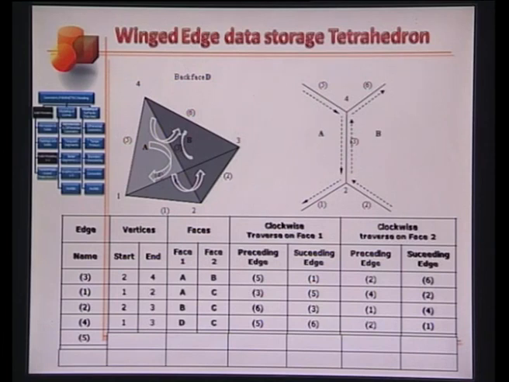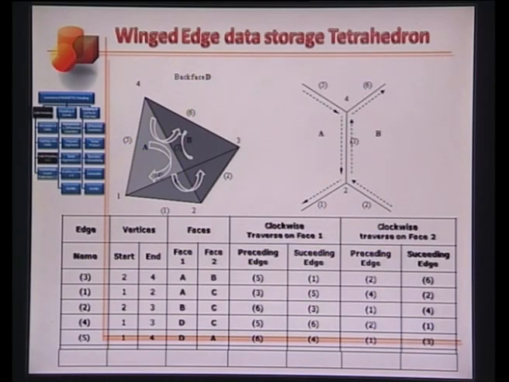For edge 5, two vertices are 1 and 4. Two faces incident are D and A respectively. On face D, the preceding edge is 6, the succeeding edge is 4. On face A, the preceding edge is 1, the succeeding edge is 3.